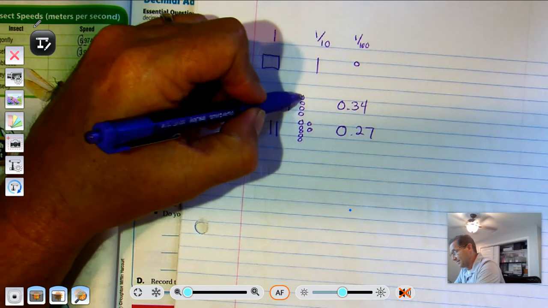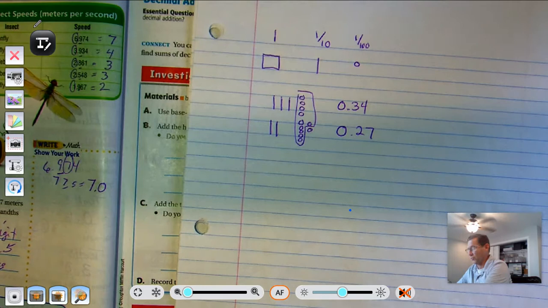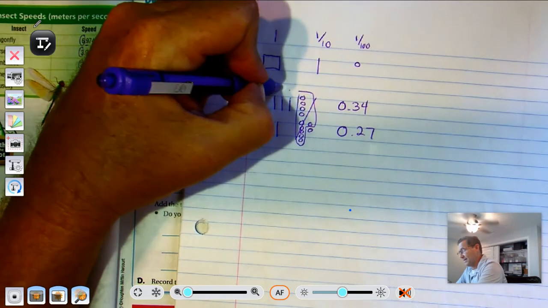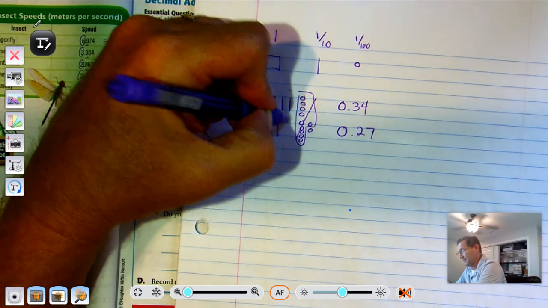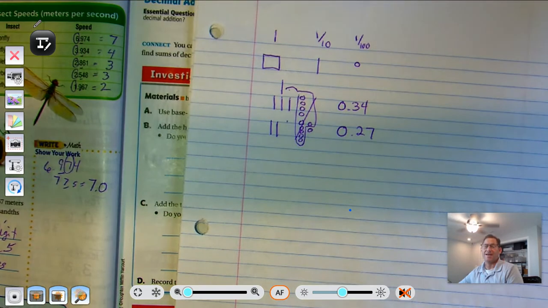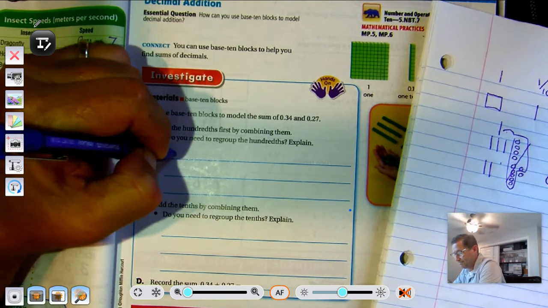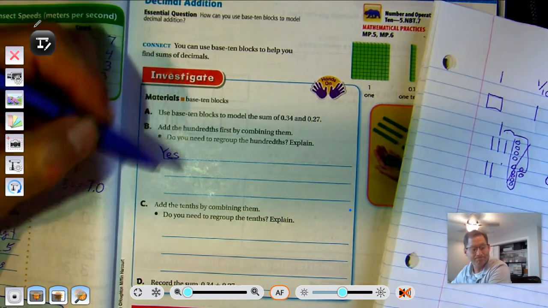So in this case, yes, we have to regroup 10 hundredths and exchange it for an extra tenth. So yes, we do need to regroup.